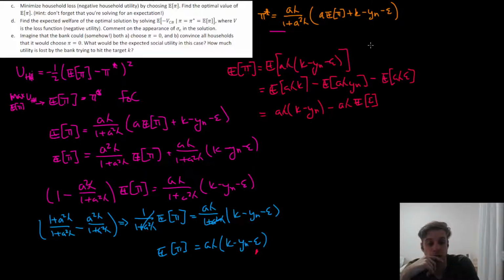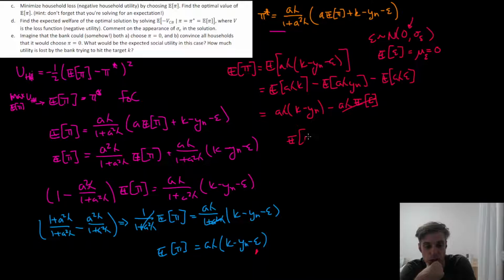And we remember that epsilon is distributed normally 0, sigma epsilon. So the expectation of epsilon is mu, which is 0, because this is the mean. Cool. So this is 0. That goes away. And our answer is the expectation of pi at the optimum is A lambda times K minus YN.